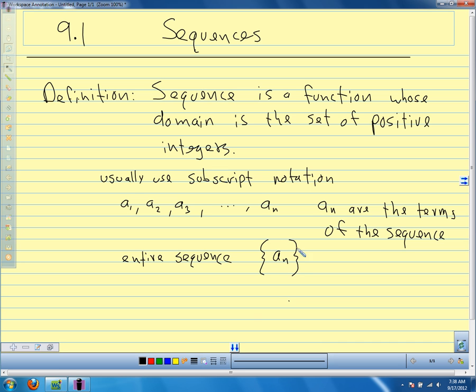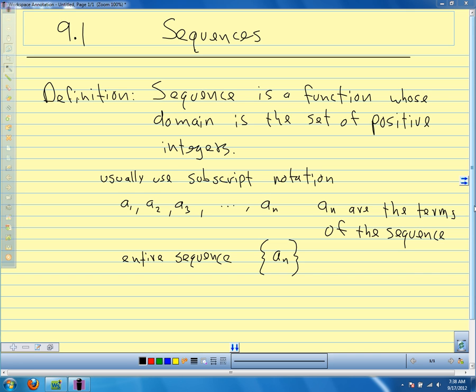So this would be how we refer to the entire sequence, the entire collection of these numbers. And if we just write a sub n, a sub 2, a sub 5, whatever, that's just a single term of our sequence.